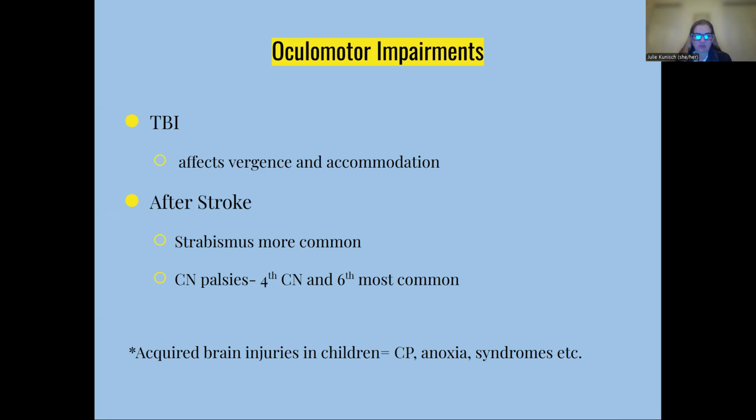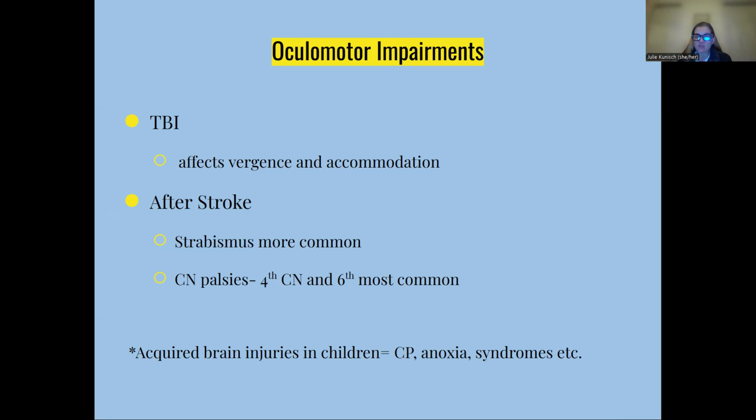So after traumatic brain injury, often people have issues with vergence, that's convergence, where the eyes go together, or divergence, where they come apart. And accommodation, can you remember what accommodation is? Give you a second to think about it, right? When something comes closer or farther away, the lens changes to focus.